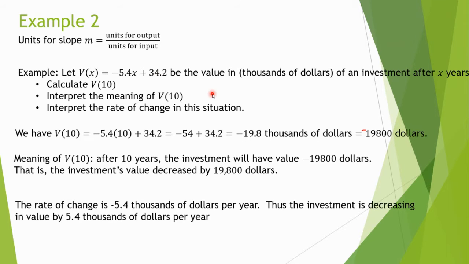That means the investment is decreasing in value at a rate of 5.4 thousands of dollars per year. So basically by the problem, it's starting out, this is the initial value, which is 34.2, and every year it's decreasing at a rate of 5.4, which in the context of the problem is 5.4 thousands of dollars per year.